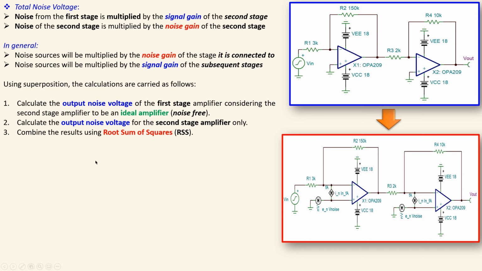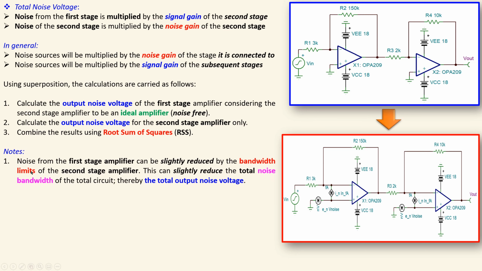So let's also make some notes. This is very important. Noise from the first stage amplifier will be slightly reduced by the bandwidth limits of the second stage. Because there is a pole due to this first stage and a pole due to this second stage, where the pole frequency of this one was 353 kilohertz and this was 3 megahertz, of course they will interact and create some pole shifting.